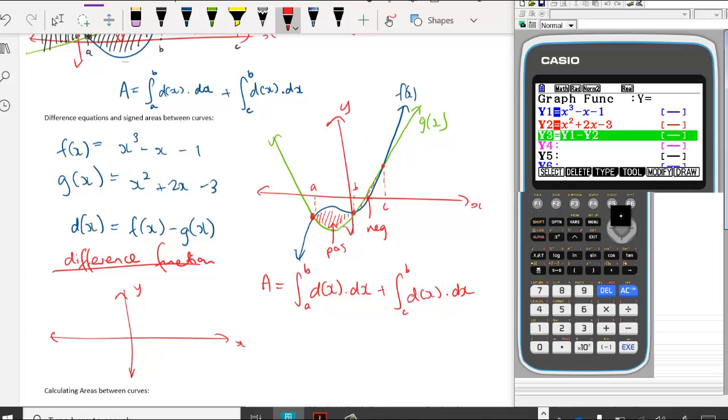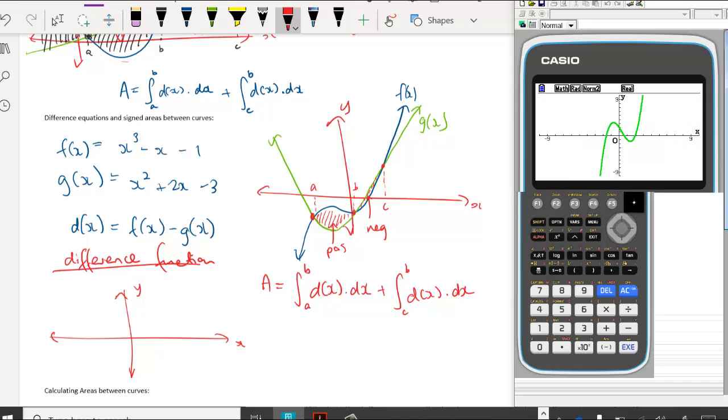And I'll turn the other two off so we don't get distracted by them. So deselect and deselect. Now I can graph. So you can see here that we get a single function, and we've got our positive area, and we've got our negative area, and these intersection points A, B, and C will be the same.